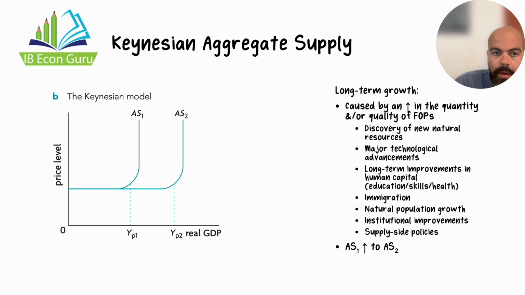It increases from AS1 to AS2. So what you're really doing is extending that horizontal area and then drawing another upward sloping and vertical area that is parallel to it. And then you can see the economy's potential output has increased from YP1 to YP2.